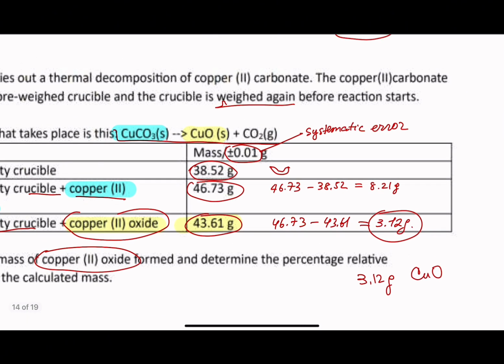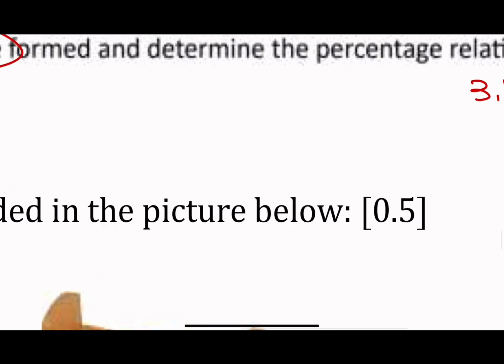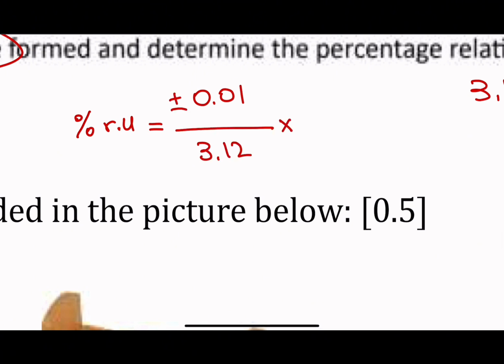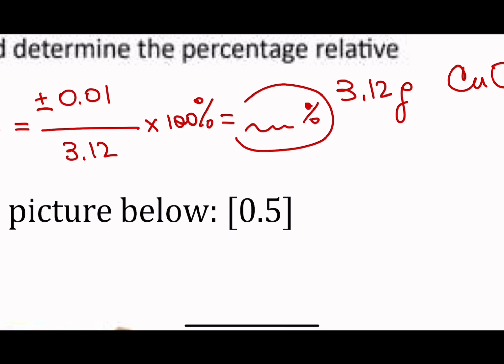Now this 0.01 is reported to us, so that's why we will say 0.01. So percentage relative uncertainty equals 0.01 divided by 3.12 times 100%. And use your calculator to find the value you reported in terms of percentage.